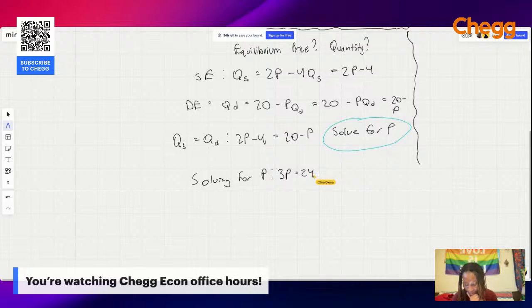You can get that from putting them all on the same side. How I did that was adding 4 over here, and that's going to be 2P equals 24 minus P, and then I did plus P on the other side, so that goes over here, and that's how we got that. So it's going to be 3P equals 24. Just divide by 3 on both sides, and you get P equals 8, and that is the price that we're going to be using for the entire thing.